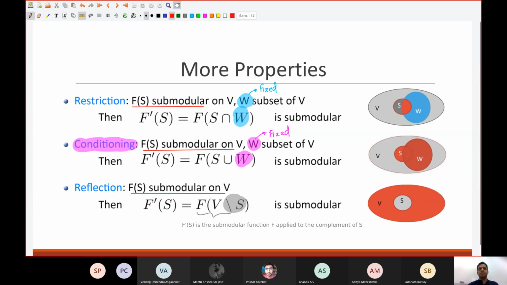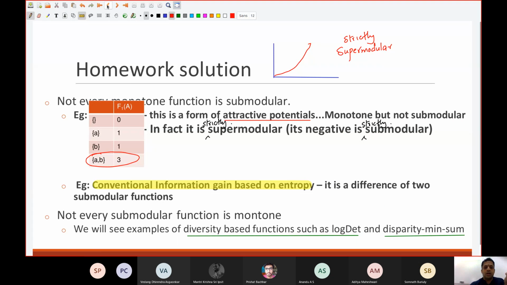S is any subset of V, obviously. Your ground set, very often we'll even skip V. V is the set of all possible elements. It's like saying R^n. Now, you can restrict it like I did in my counter example for homework. I restricted my set to these, right?